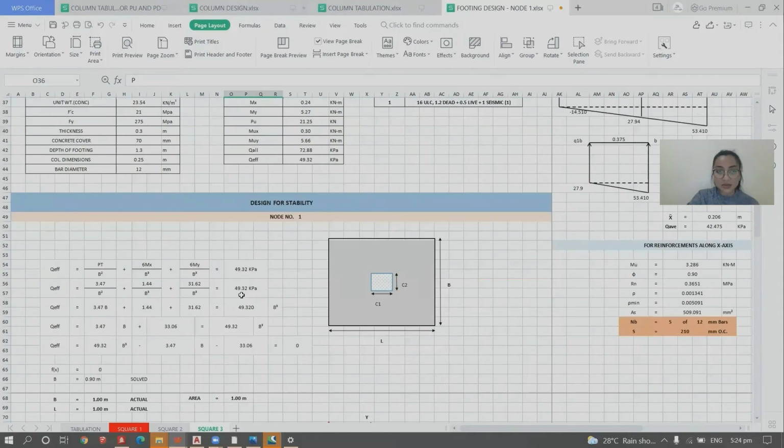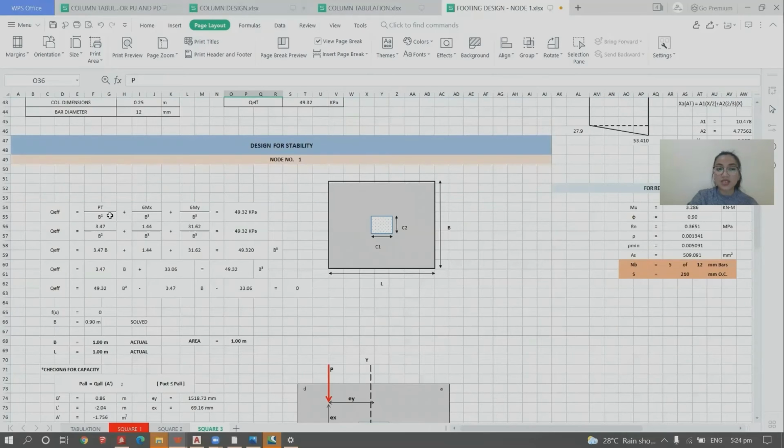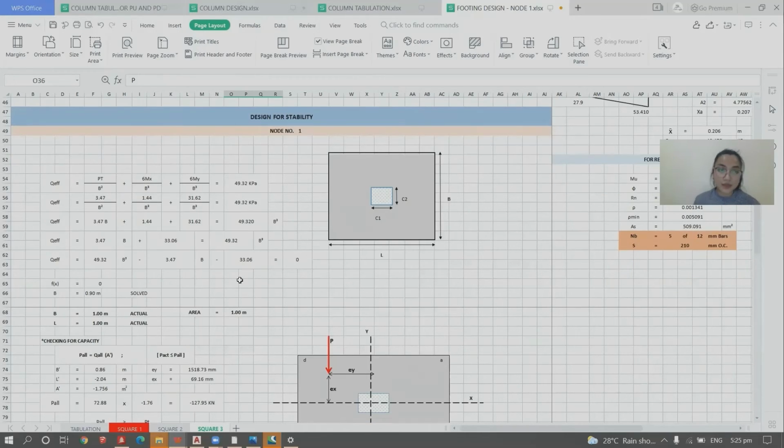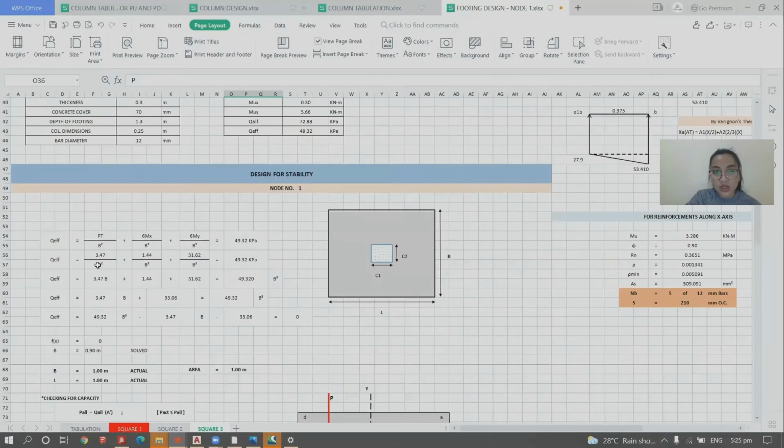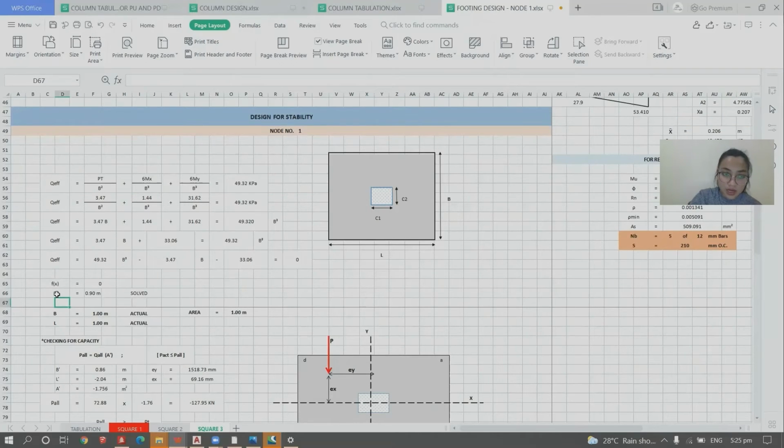So for the design stability, we have Q efficient equals PT over B squared plus 6MX over B cubed plus 6MY over B cubed. So since we already have the value for Q efficient, which is 49.32, the only unknown in the formula is B. So to get B, Q efficient is equals 49.39 B cubed minus 3.47 B minus 33.06 equals 0.